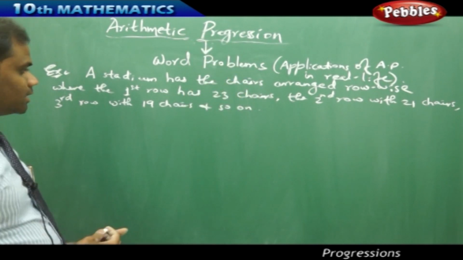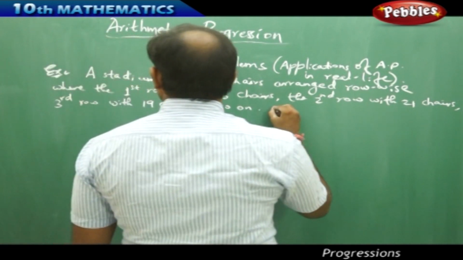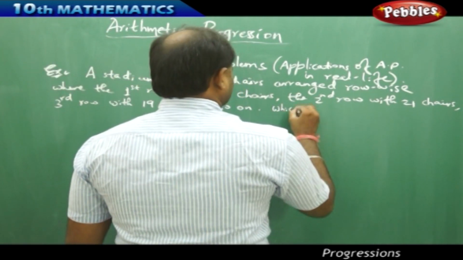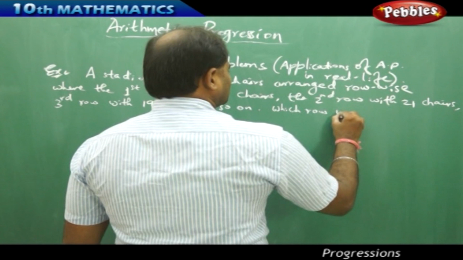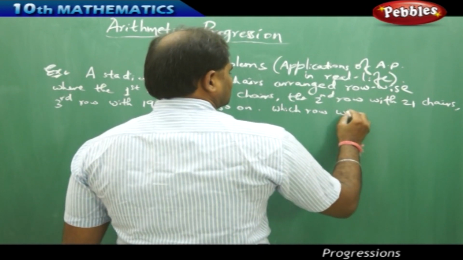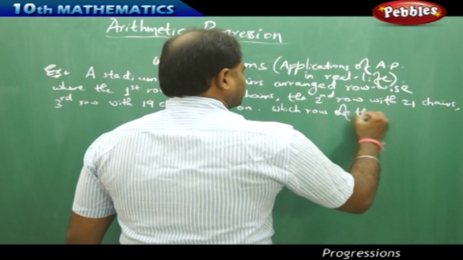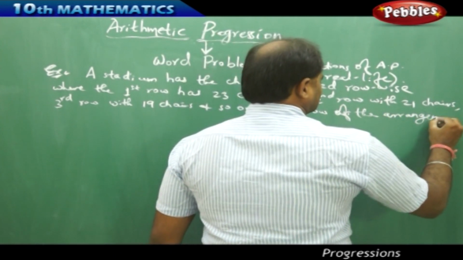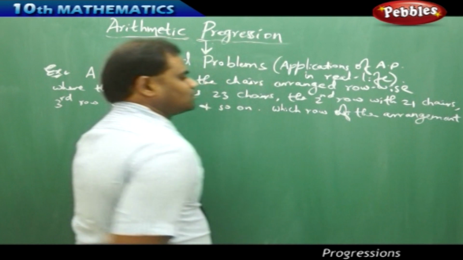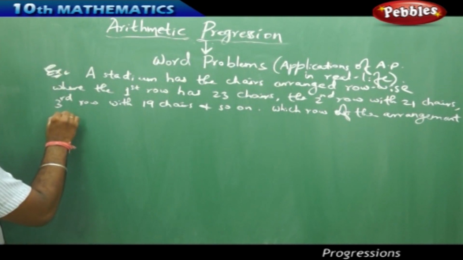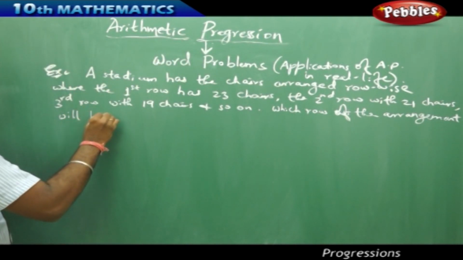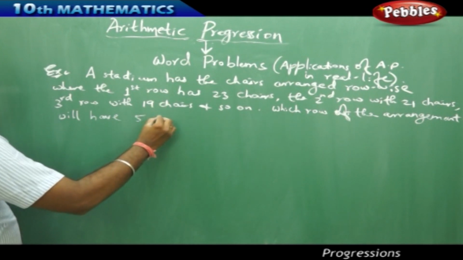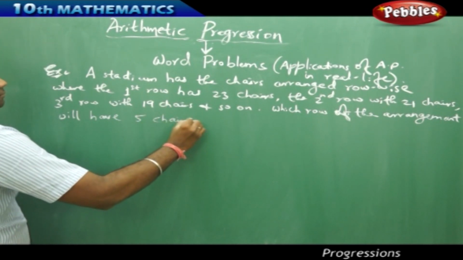Now the question here is, which row of the arrangement will have five chairs?